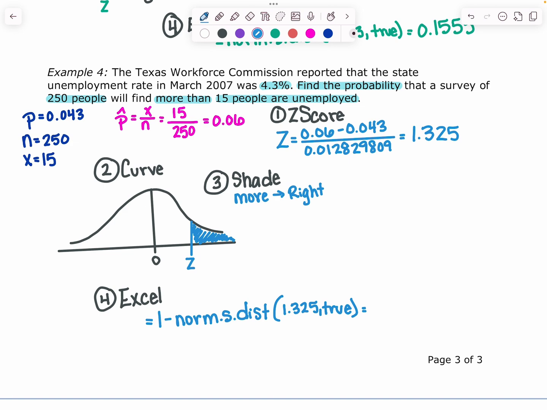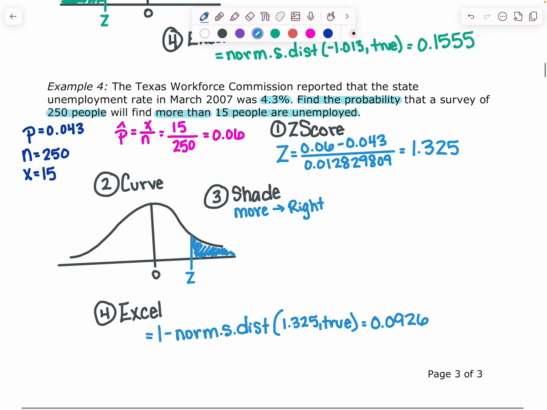And I do have this one available. 0.0926. So roughly a 9% probability that you would find more than 15 unemployed people in a sample of 250.